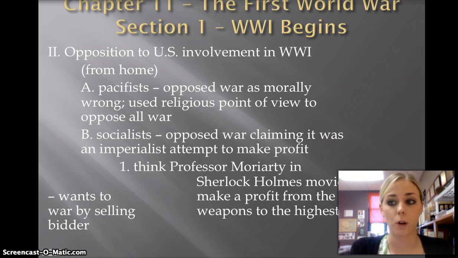Socialists criticized the war as a capitalist and imperialist struggle between Germany and England to control markets and colonies in China, Africa, and the Middle East. Pacifists, such as lawyer and politician William Jennings Bryan, should ring a bell, believed that war was evil and that the United States should set an example of peace to the world.